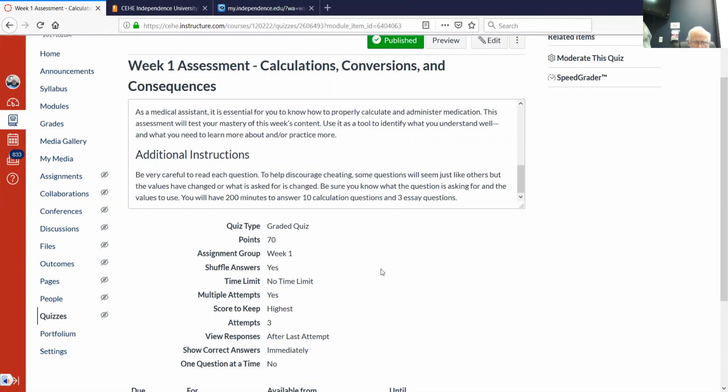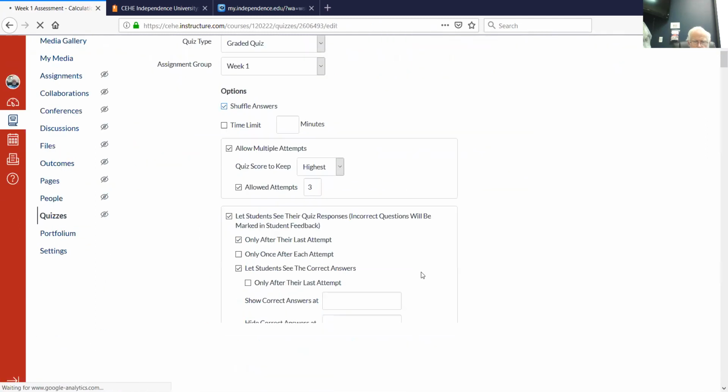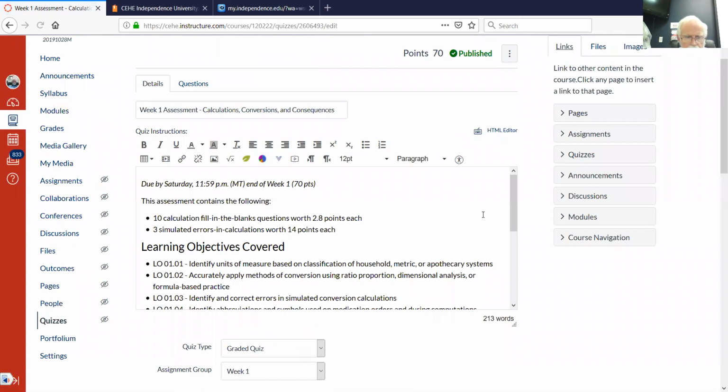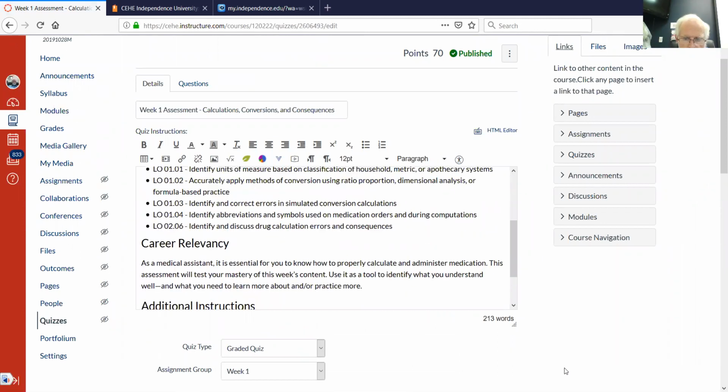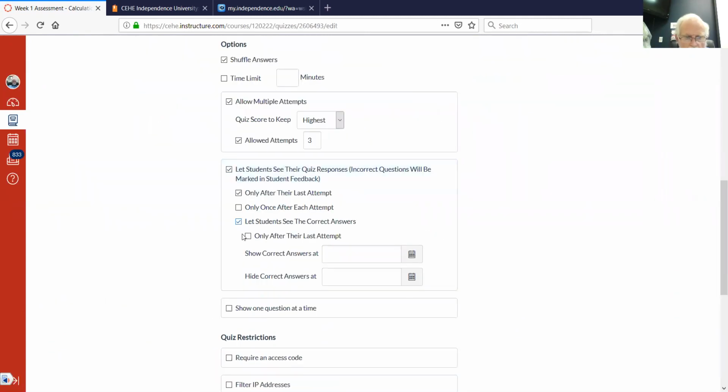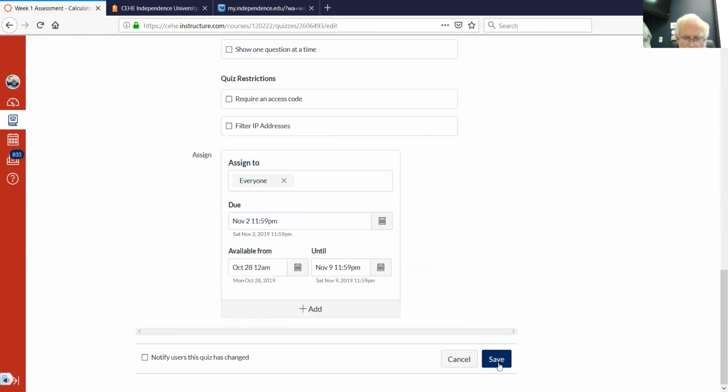What I have done is ignore this 200 minutes. I have taken off the time limit, and you can do this up to 3 attempts. And you can see the correct answers after the last attempt.